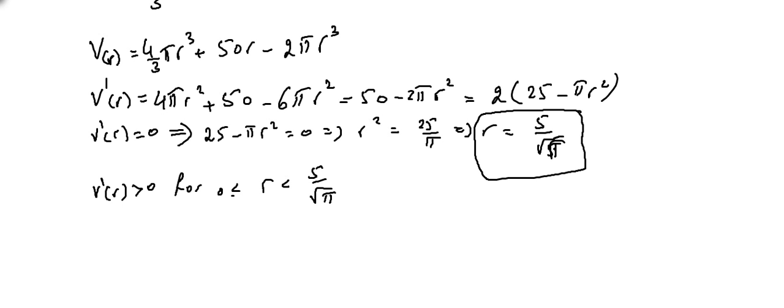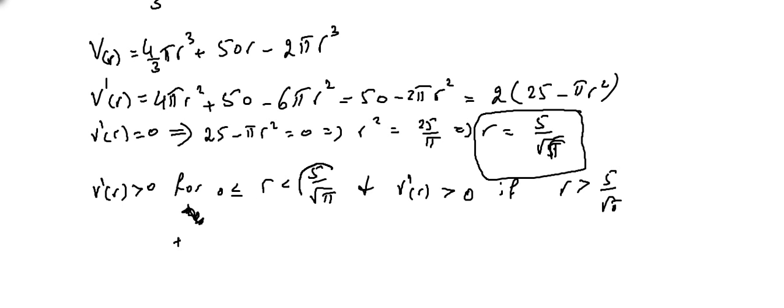And if we take any value more than this, we find that the derivative is negative. So the derivative is positive at r less than this value, so the function is increasing, and it's negative when r is more than this value, so the function will be decreasing.